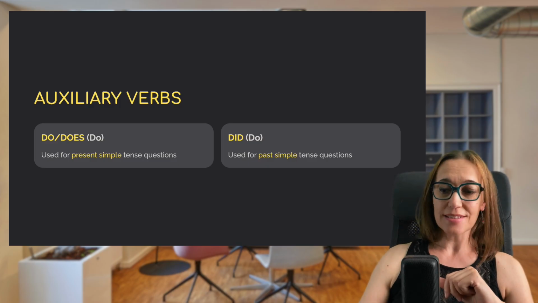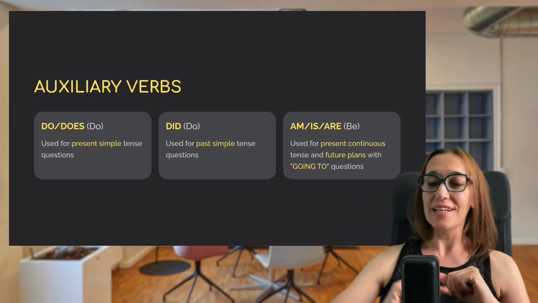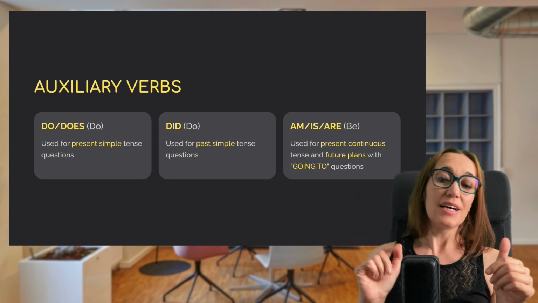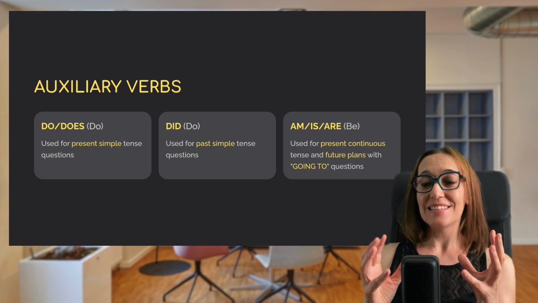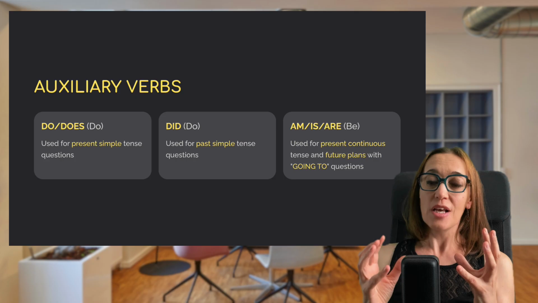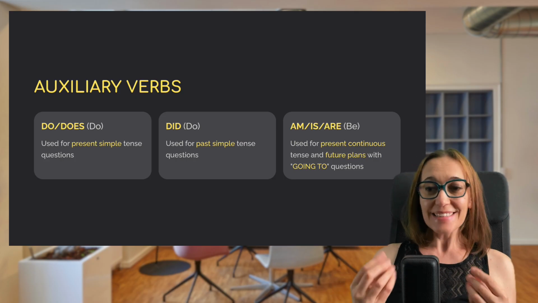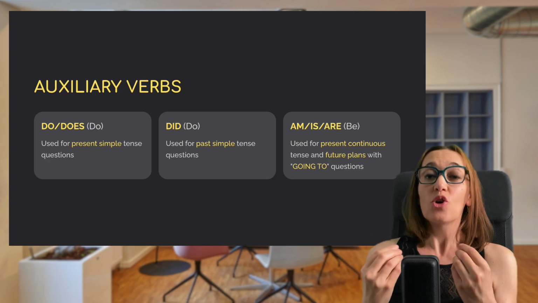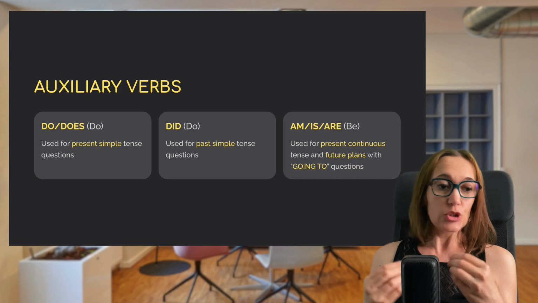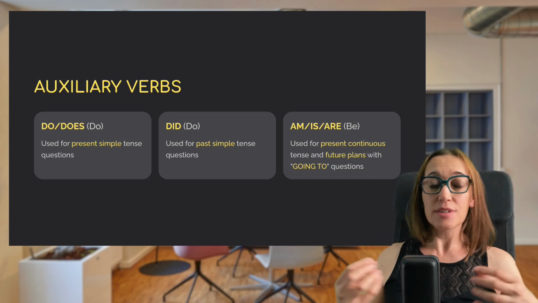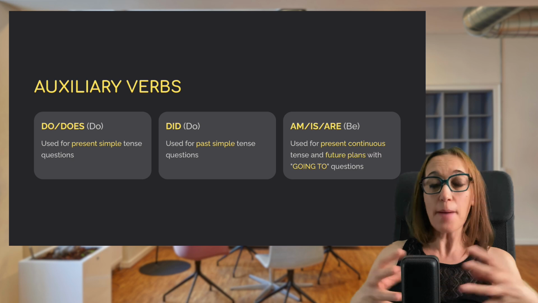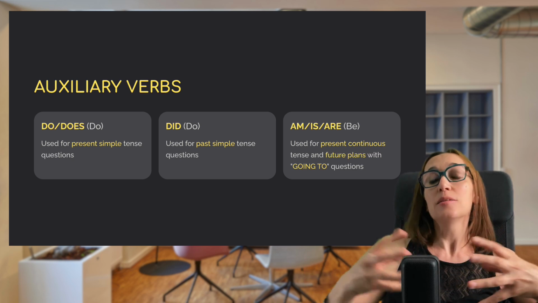Let's move on and see the following auxiliary verbs that are am, is, and are. These are the present simple forms of the verb to be, and they help us to build questions in present continuous to show actions that are happening right now, that are happening this week, or that are happening this month, in progress.